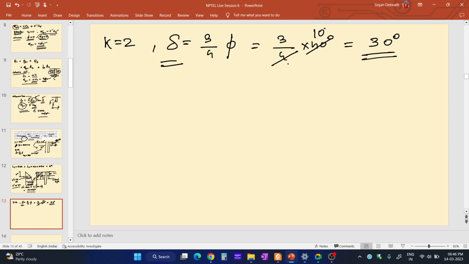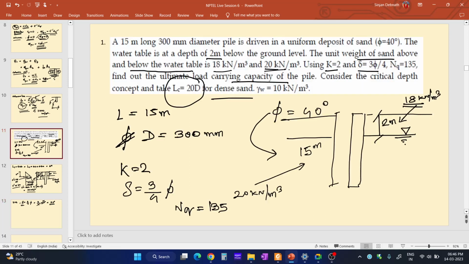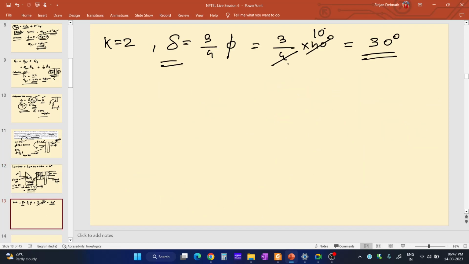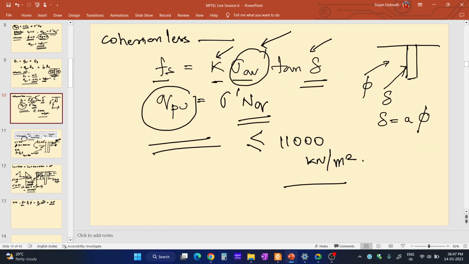So let me now find out the unit skin friction resistance first along the length of the pile. What was the formula for skin friction resistance? It is K into sigma dash AV, that is the average effective overburden pressure, multiplied by tan of delta.